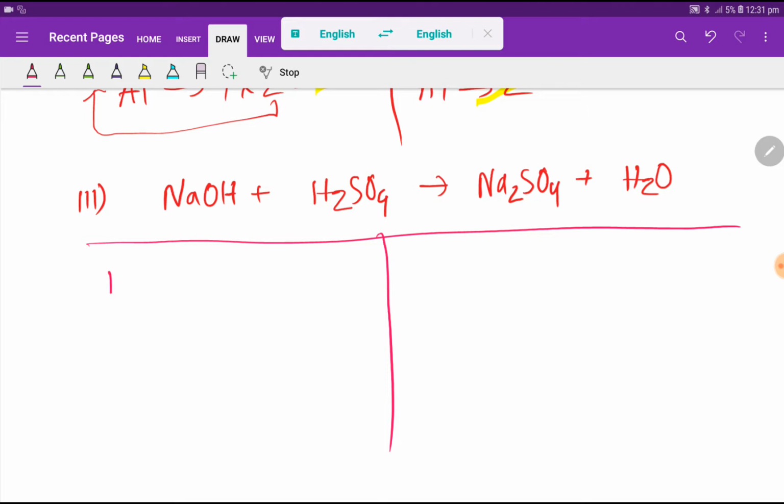Look, in the left hand side we have sodium, that is 1. Then we have OH, that is hydroxide ion, right, which is 1. In the right hand side we don't have any hydroxide ion, but we can write this water like HOH, right?